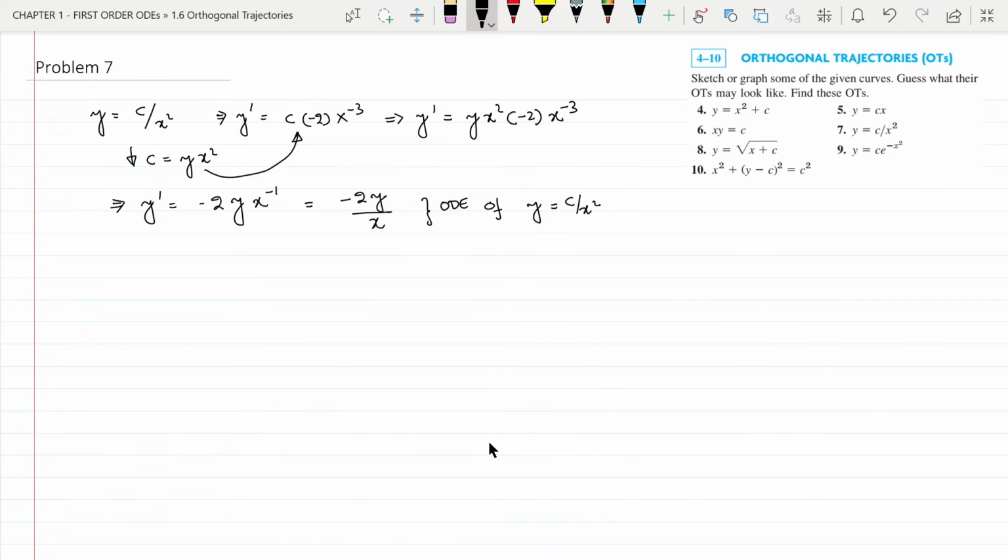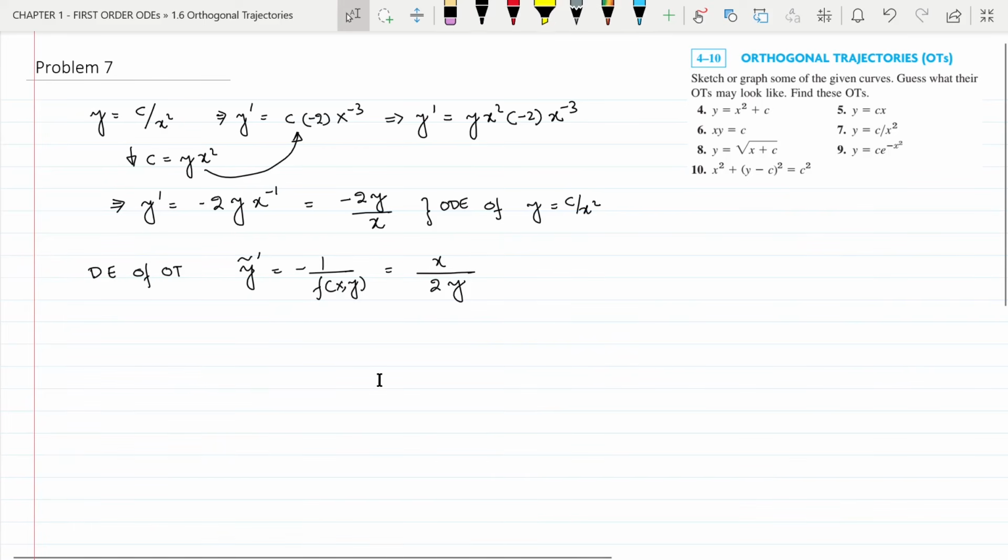So now let us write the ODE or differential equation of the orthogonal trajectories from this. The differential equation of OT will be y tilde dash equal to minus 1 by f of x y, which is equal to x by 2y.